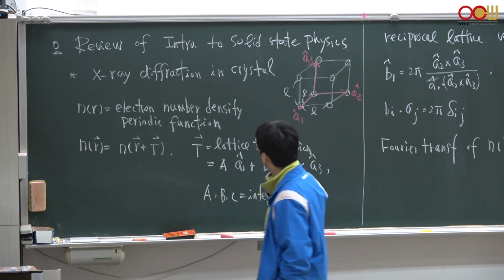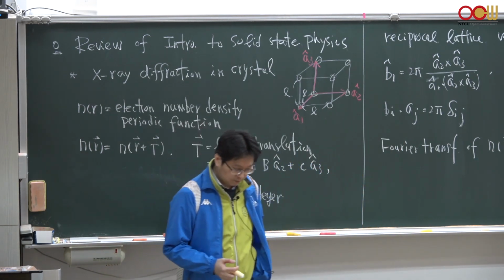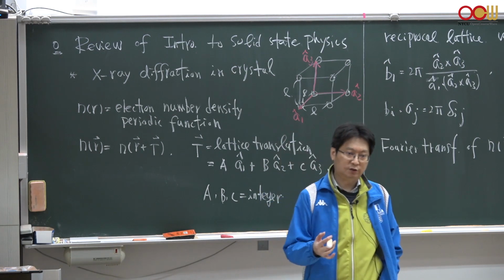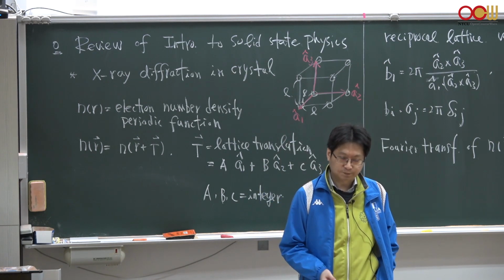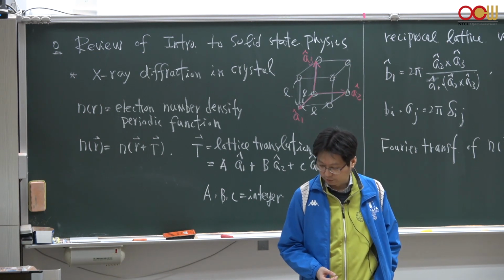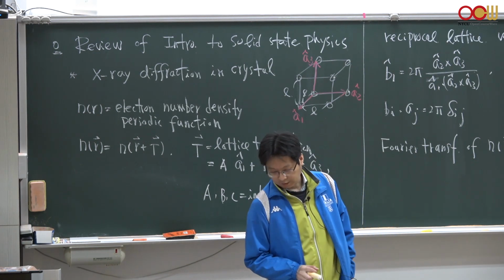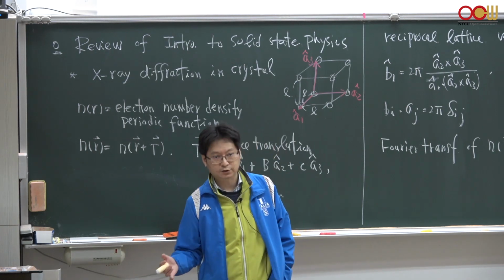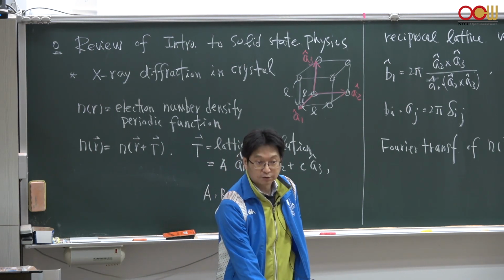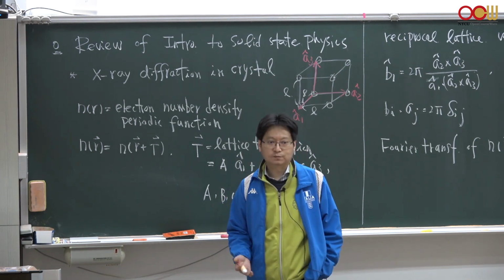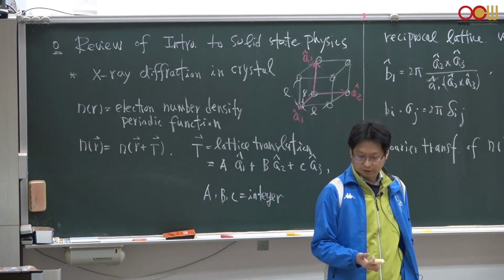So the review part consists mainly of the crystal structures and the X-ray diffraction in solids, the Bloch theorem, and the Fermi surface, the Bloch zone, and the free electron gas in metals.